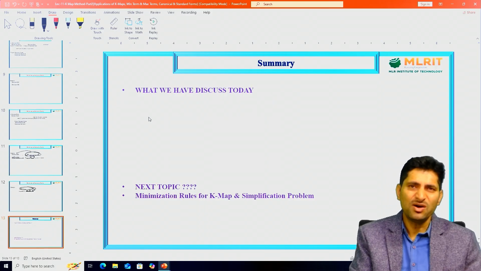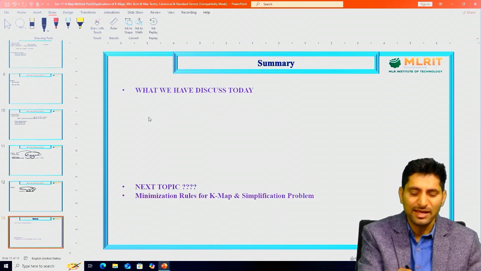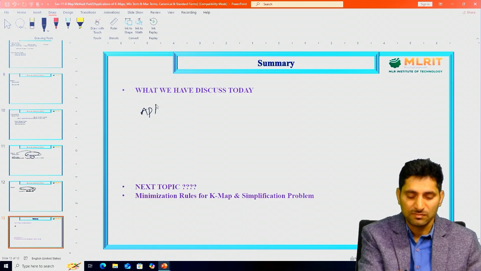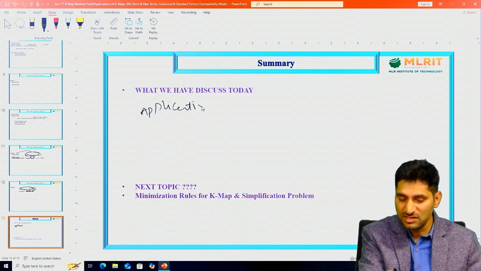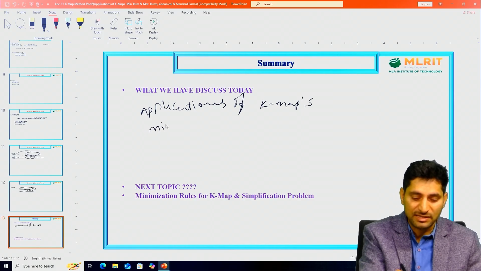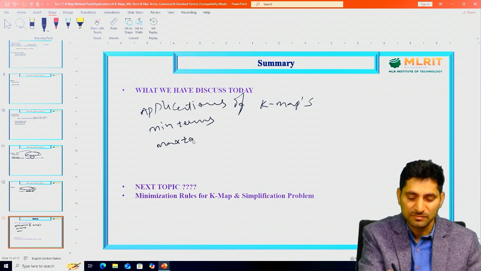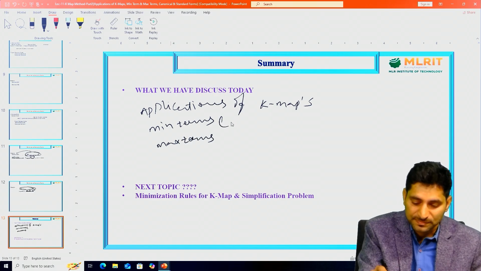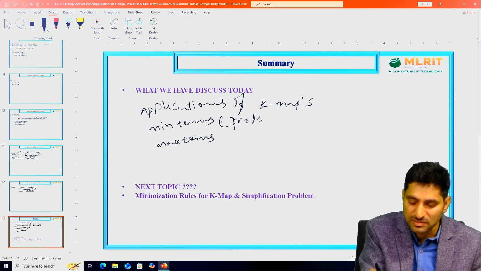So as of now, we have discussed applications of K-maps, min terms, max terms. Min terms means product terms, max terms means sum terms.